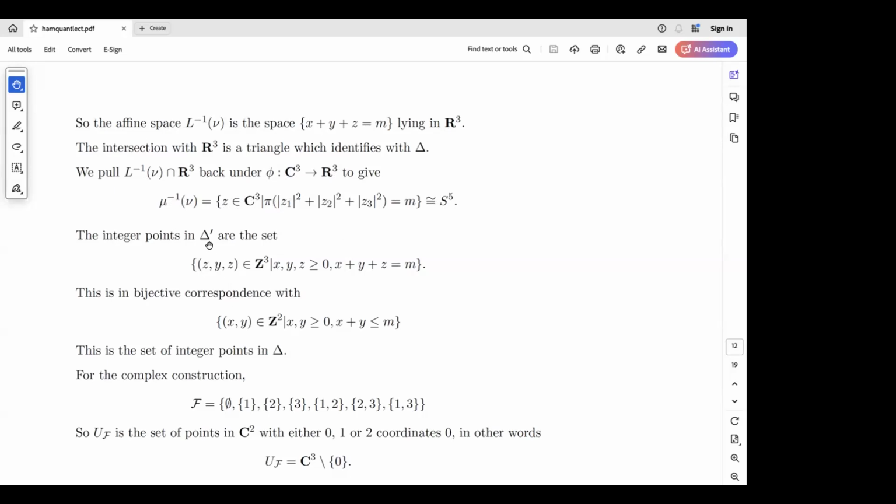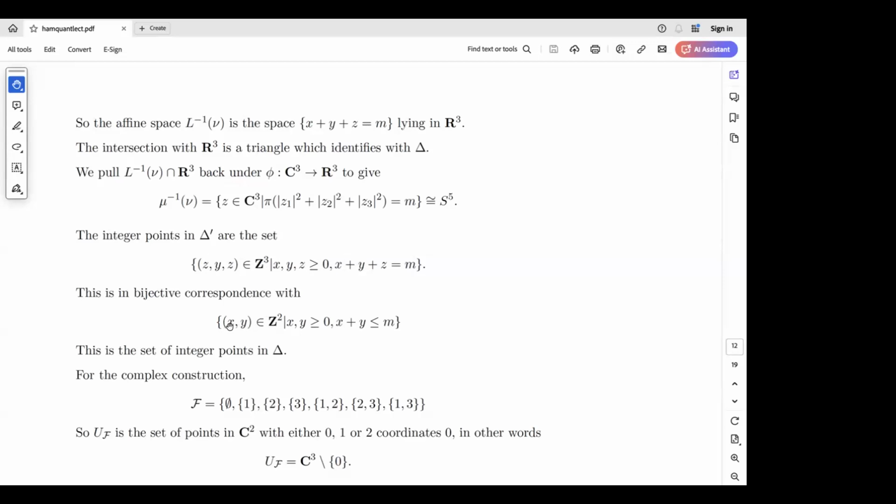The integer points in delta prime are the set, sorry, that should be x, y, z in Z3, so that x, y, and z are all greater than or equal to 0, and x plus y plus z is equal to m.